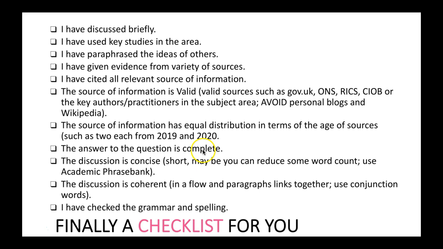Flow is really important for a reader. Otherwise, if it is not in flow, the reader will be put off, and they won't read it anymore. So flow is really important. And at the end, you check the grammar and the spelling. So that is a checklist. I think there could be more things in the checklist, but this is what I came up with so far.